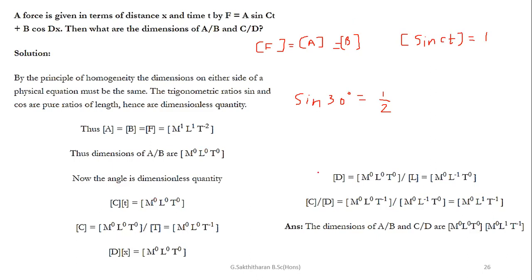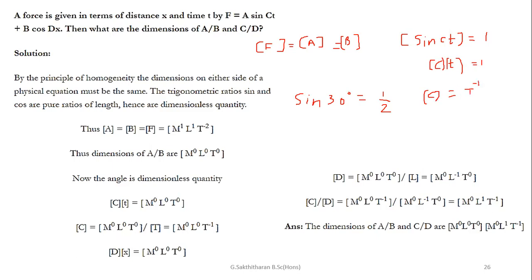So the multiplication of C into T equals 1. Dimensions of C into T equal to 1. Then dimensions of C is T minus 1, that is 1 over T.